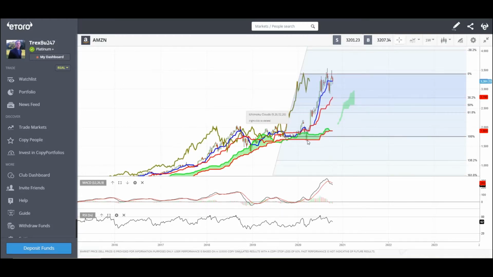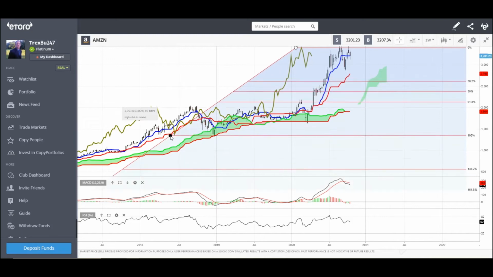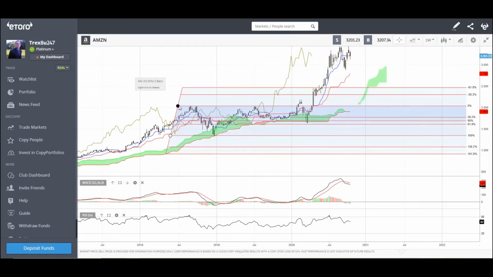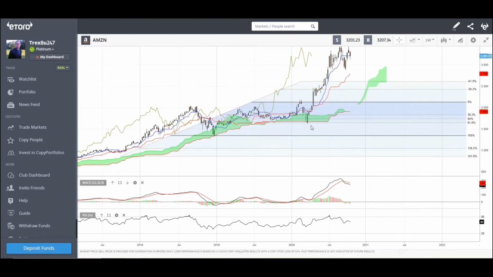Just double checking that the layers are right. These are old highs that I'm checking just to make sure that the new ones line up correctly.